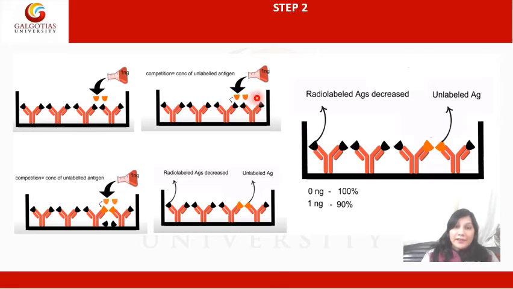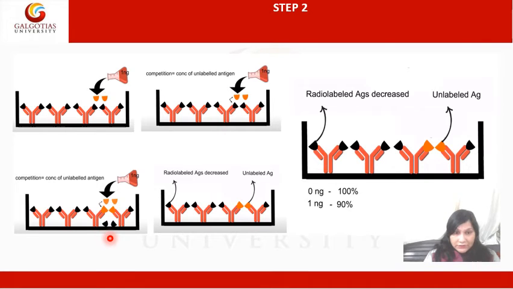This unlabeled antigen will compete with the labeled antigen and will replace it and take the position on the antibodies, right? Now you can see that as we have a very low concentration of unlabeled antigen, only a few labeled antigen have been replaced.